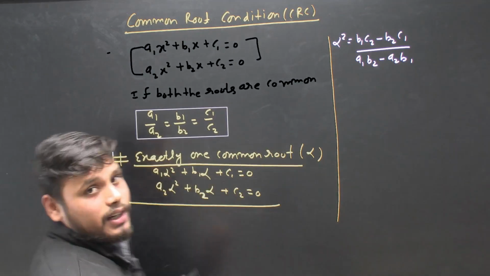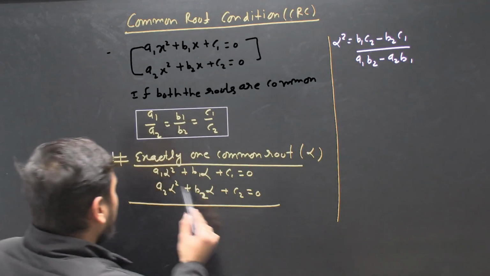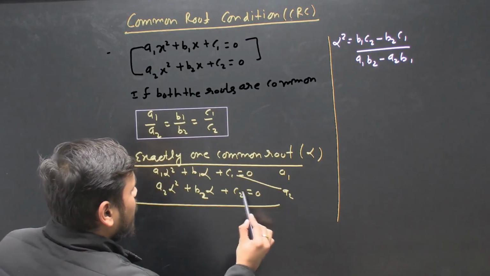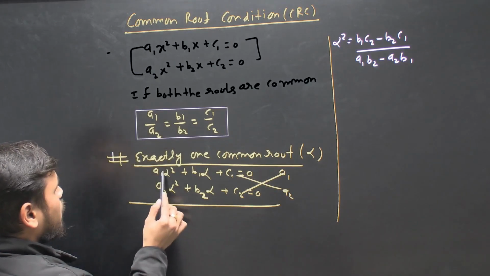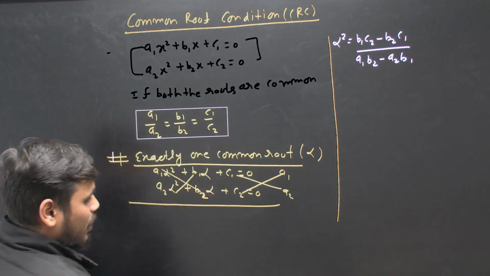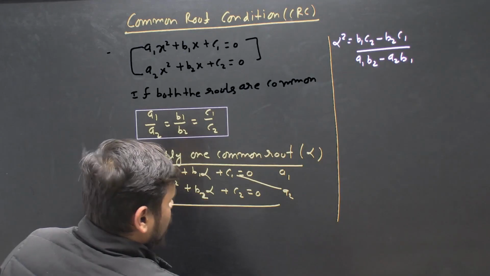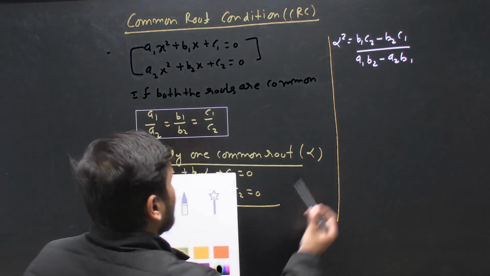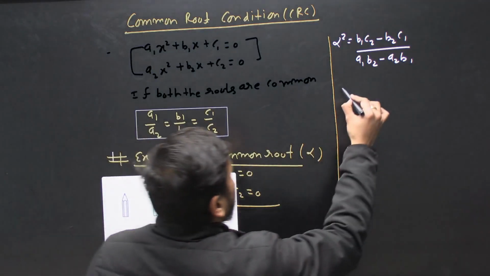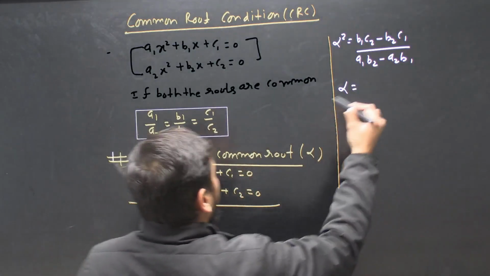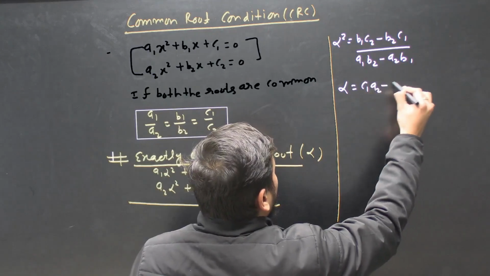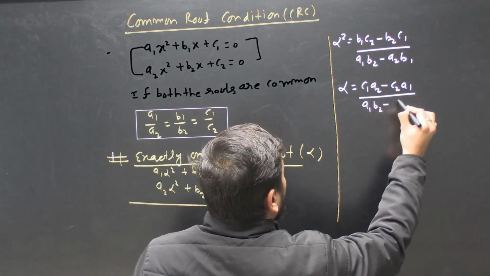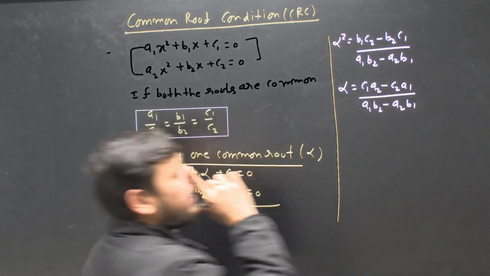Again, as you know, we shift a1 a2 here, and then alpha is equal to c1 a2 minus c2 a1 upon a1 b2 minus a2 b1.